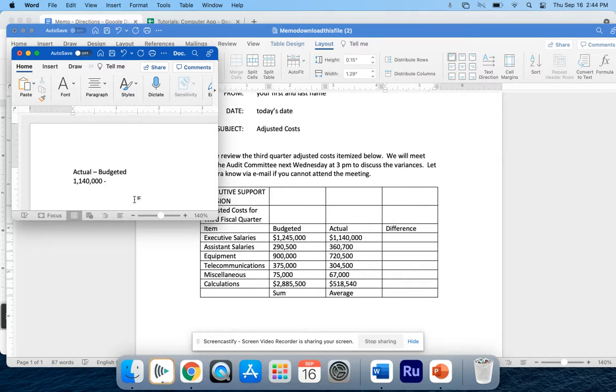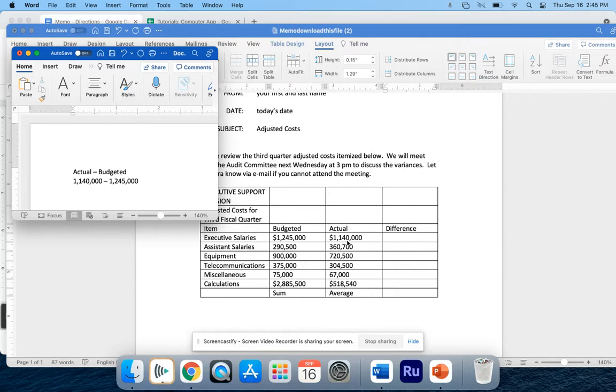And from that, we have to subtract the budgeted amount, which is $1,245,000. Whoops, I better get my cursor on the right line. Let's try that again. You don't have to type this out, just follow along. Okay? So we have to turn that now into cells.